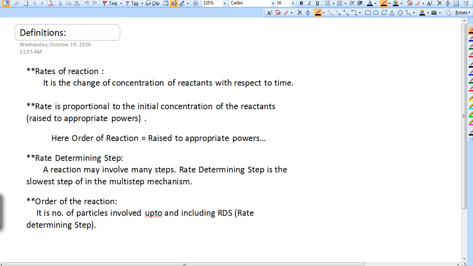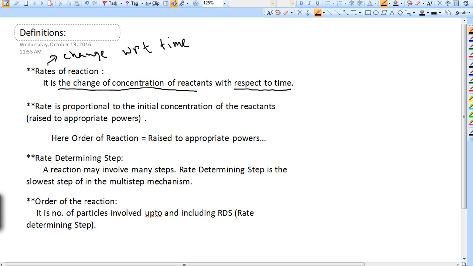Simply, rate means change of something with respect to time. Anything with respect to time is a rate. In this case, the change of concentration of reactants with respect to time is called rate.